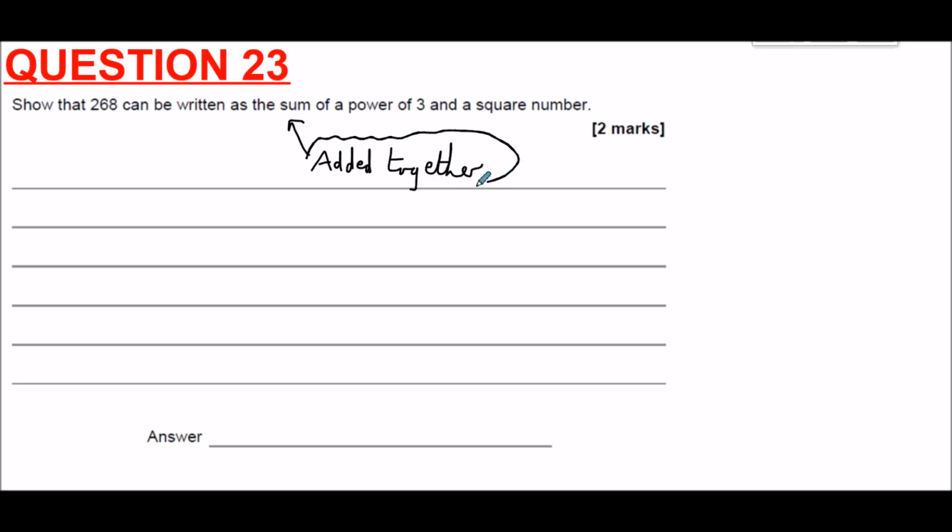So a power of 3, we can think about powers of 3 on one hand, and it was also mentioning square numbers as well. So we can do a list of powers of 3 and square numbers.